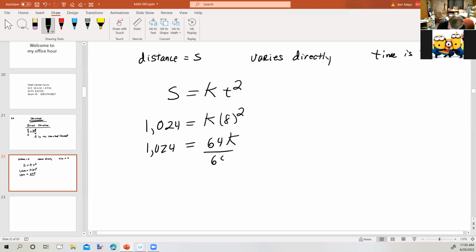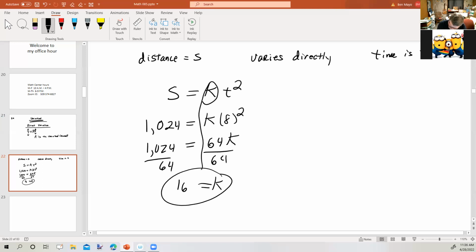We then divide both sides by 64, and 1,024 divided by 64 is 16. So now we know that K is 16. So that's going to go up here. So now we have this.